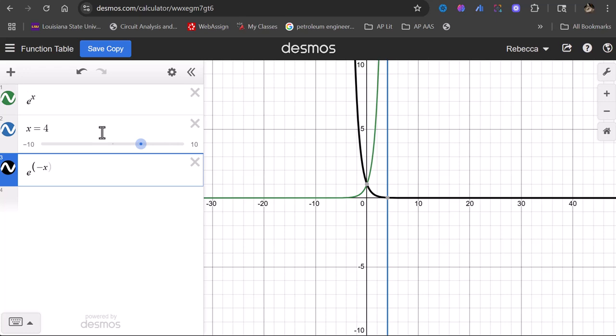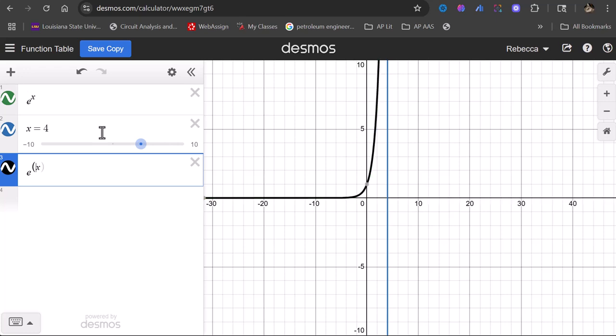Now I need to shift it to the right by 8, because I need to shift it 4 to get to that line, and then 4 more to make that line like it's a mirror. Shifting to the right means I subtract, but the problem is I'm subtracting from a graph that is reflected about the y-axis.